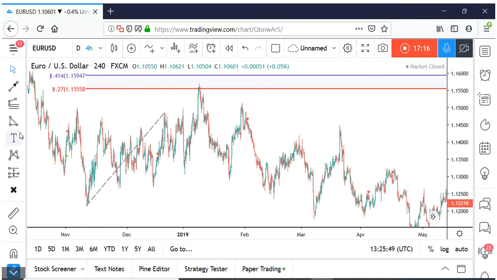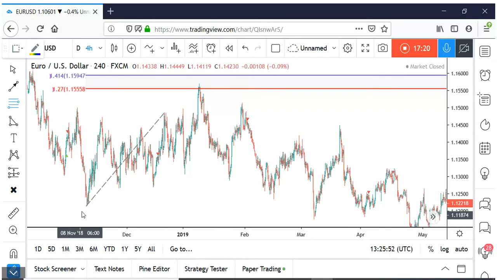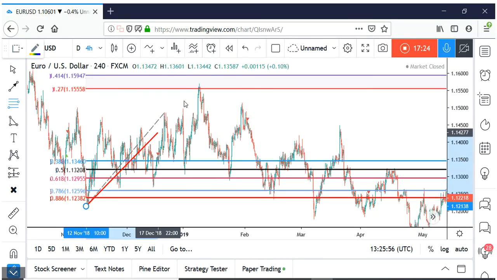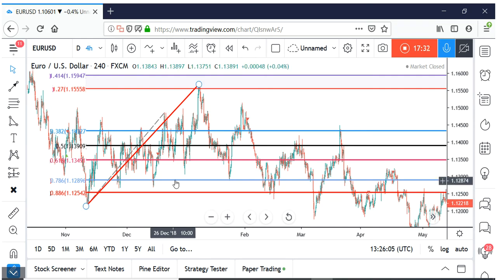For the D leg, we use our fib retracement and measure from X to C. The D leg has to be at 0.786, which is this 786. What happened? It touched 786, and then we bought here, and it went up.